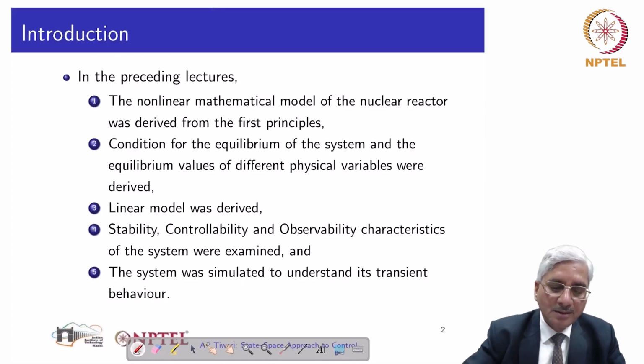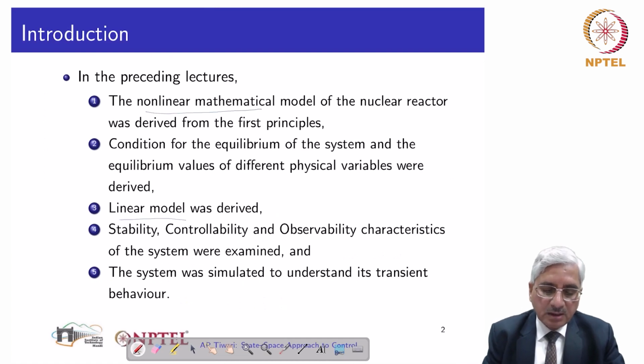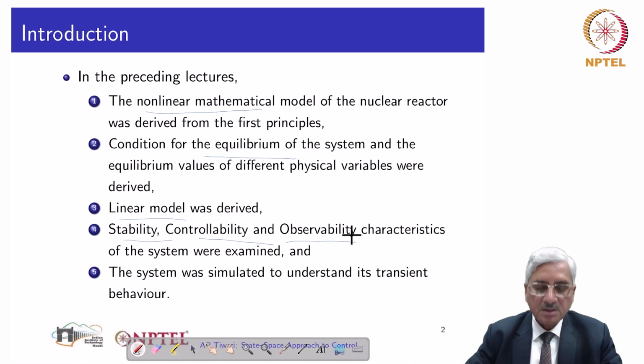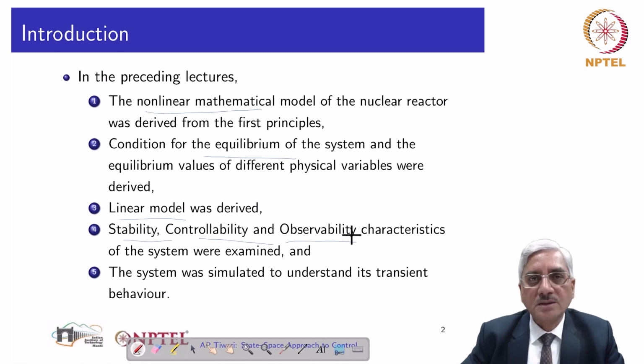Prior to this, we have seen the nonlinear model, we have seen the linear model, we have analyzed the equilibrium of the system, and we have analyzed the stability, controllability and observability characteristics of the system. We found that the system is unstable.